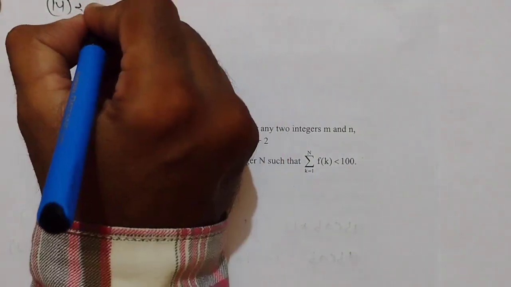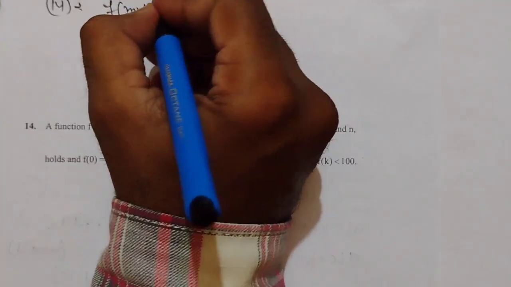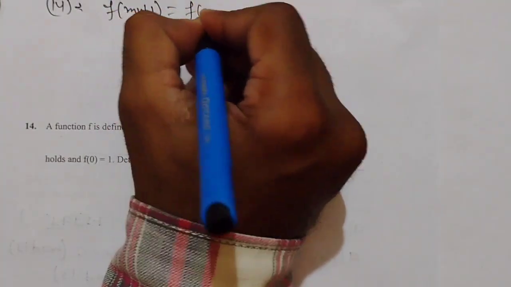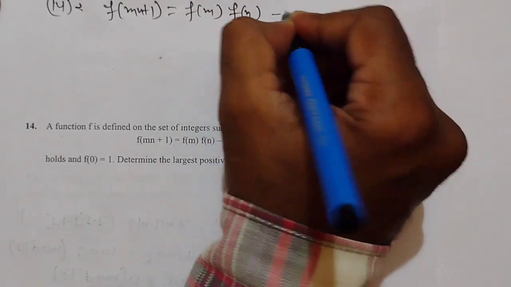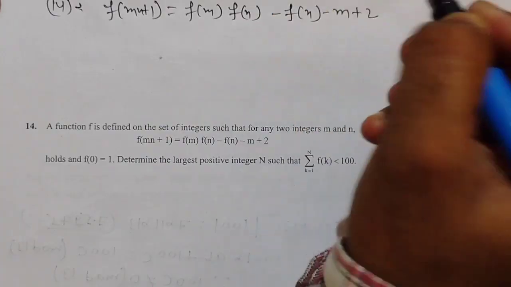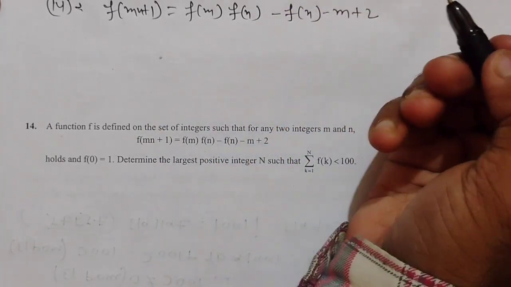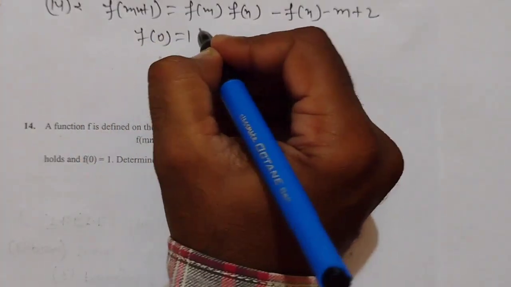Now we have the function f of mn plus 1 is equal to f(m) into f(n) minus f(n minus m) plus 2, and we have f(0) is equal to 1.